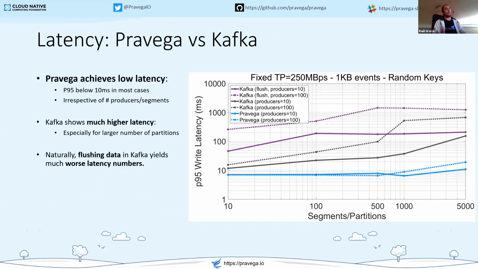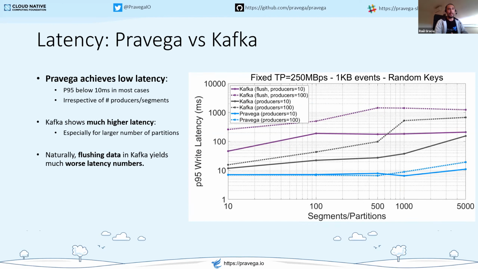And the other metric we are going to focus on is latency. If we compare the latency between Pravega and Kafka, we can see that Pravega provides a much better latency for the 95 percentile write latency compared to Kafka, right? We can see that the difference increases as we add the number of partitions to Kafka.